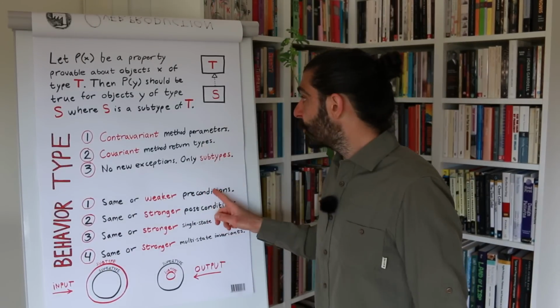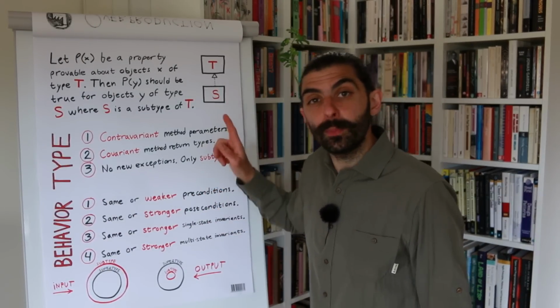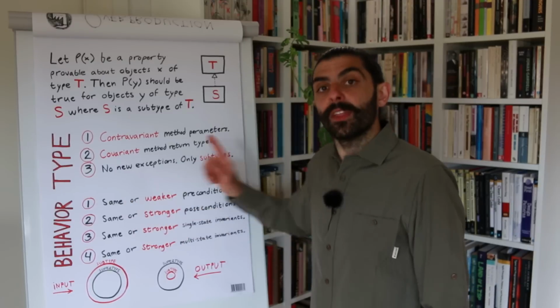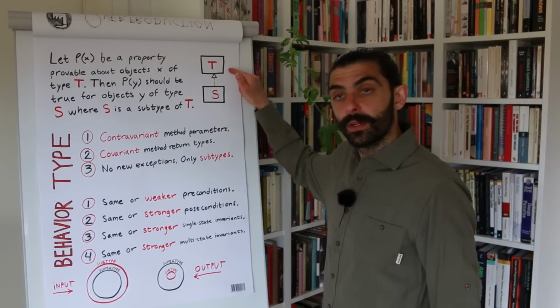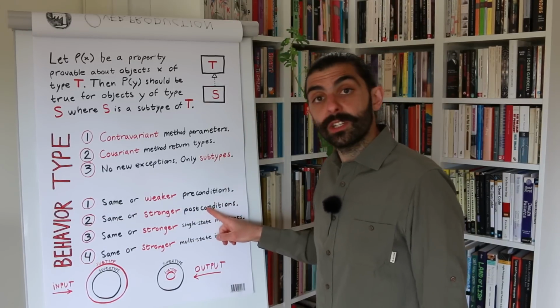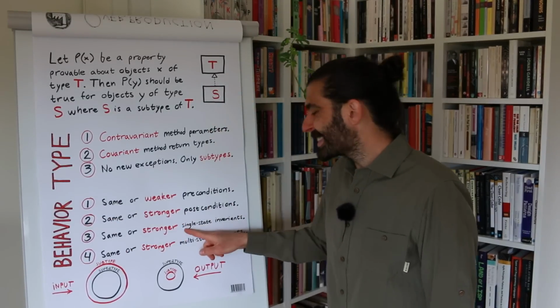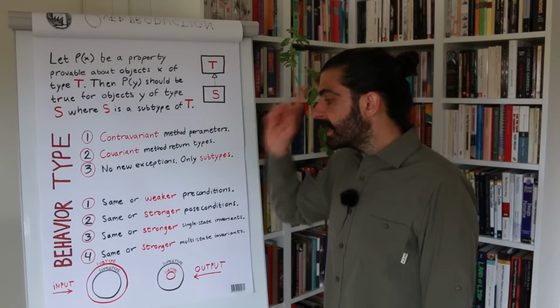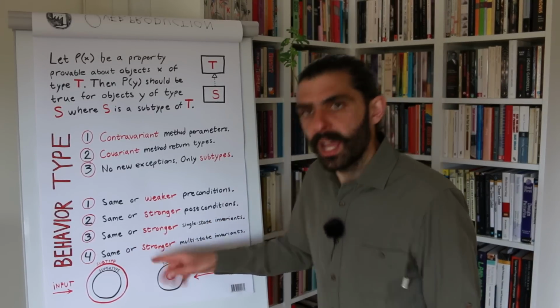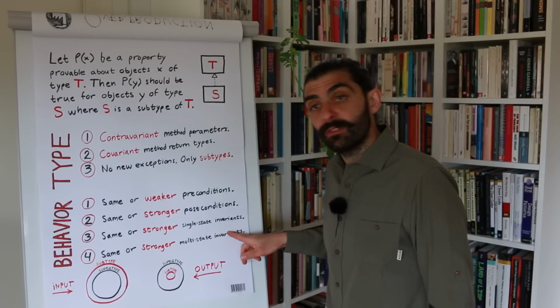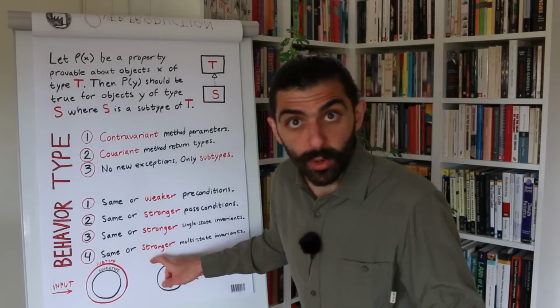Number 1, the preconditions in the subtype need to be the same or weaker than the preconditions in the supertype. Number 2, the post conditions need to be the same or stronger. Number 3, the single state invariants need to be the same or stronger. And number 4, the multi-state invariants need to be the same or stronger.